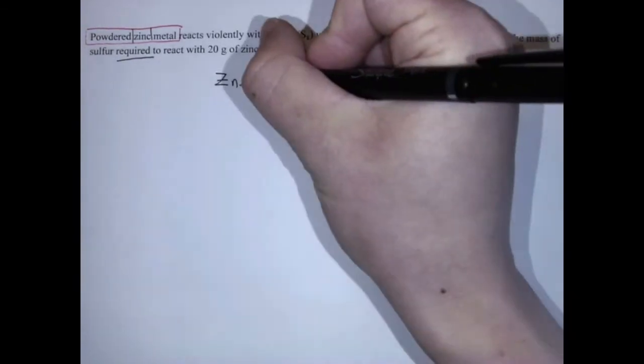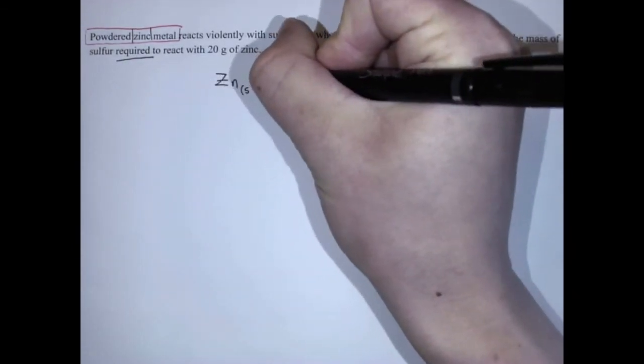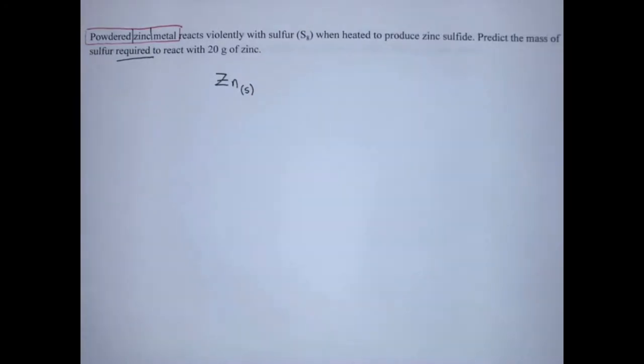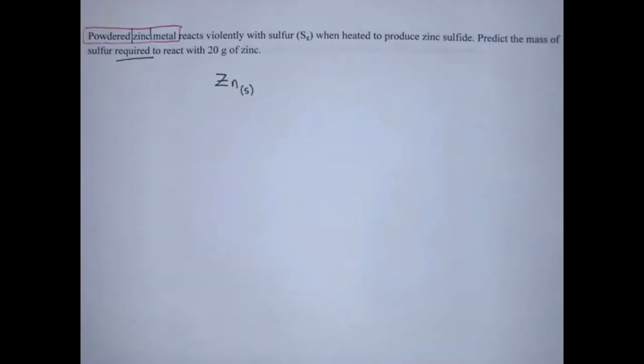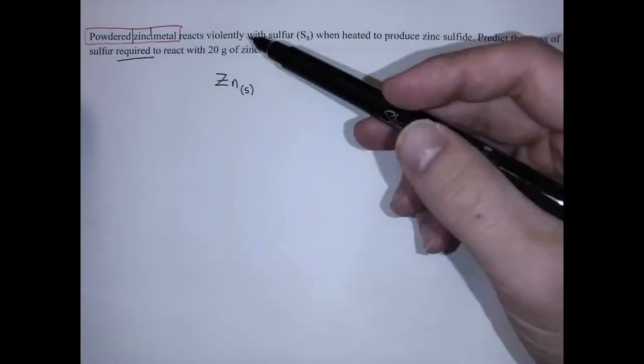So we can write it as its naturally occurring form, which is just zinc atoms. And it's in the solid state. Zinc is solid at room temperature, and we don't really know what temperature this is occurring at. It's going to be really, really hot because you need to put some measure of energy into this reaction before it gets going. But anyway, there we go.